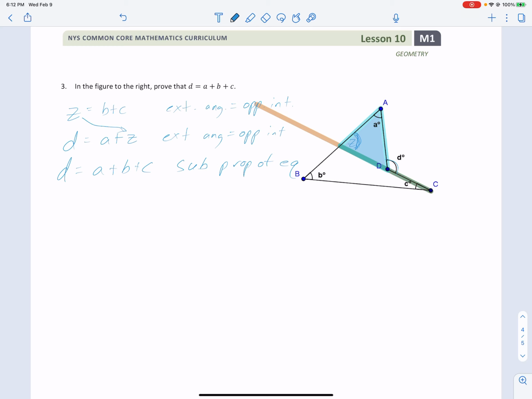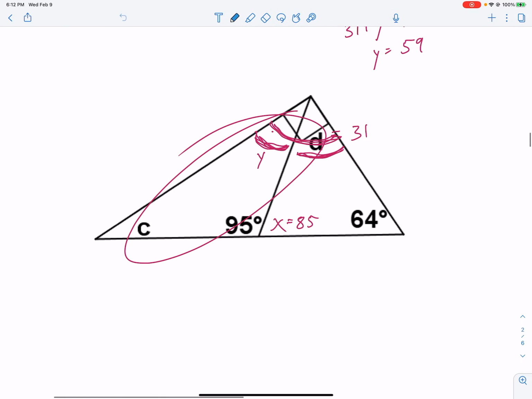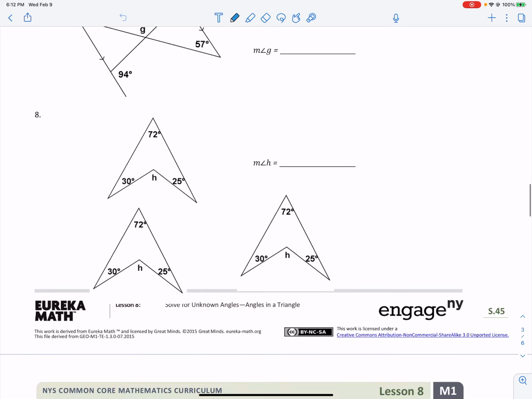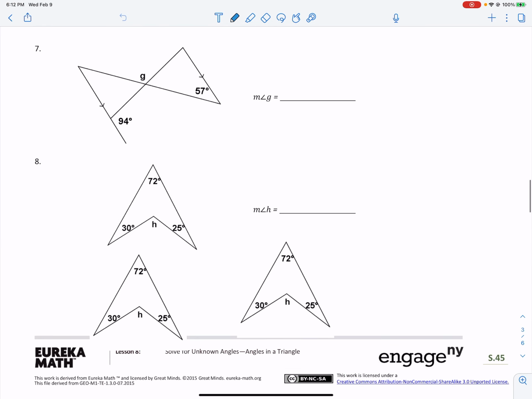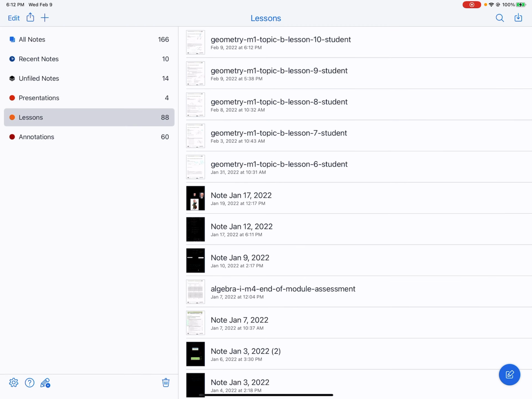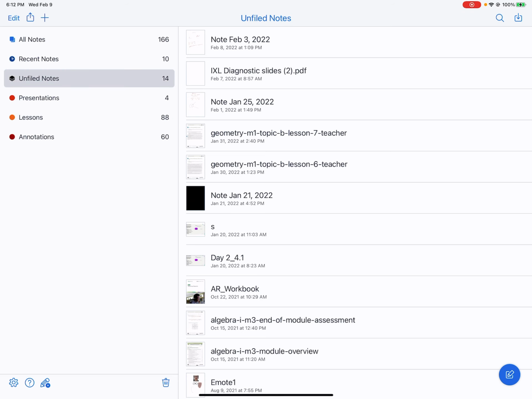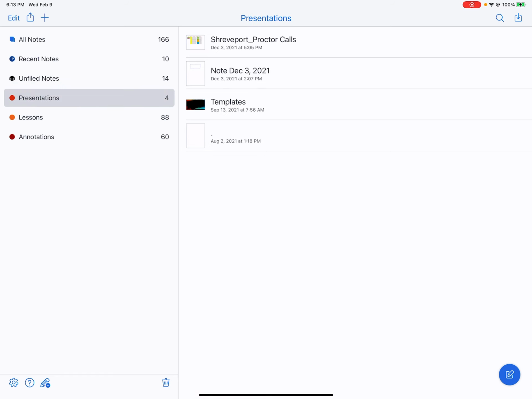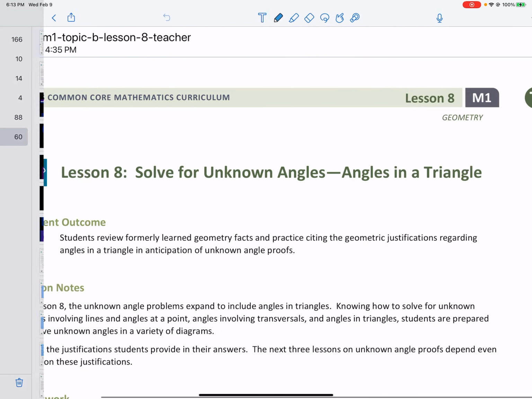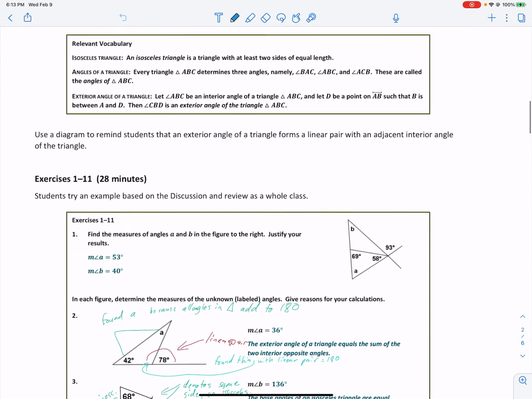We actually could have figured out from that previous problem that it was exactly the same. Let me think to myself if I still have that proof up. So we did that last one a lot of different ways. Oh, yes, it was right here, but I don't have my annotations. I do have, I believe in unfiled notes or presentations, this where I annotated all the lesson plans.